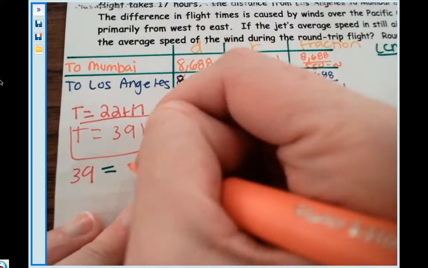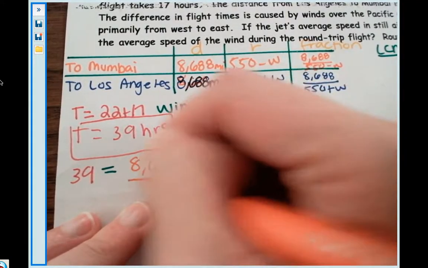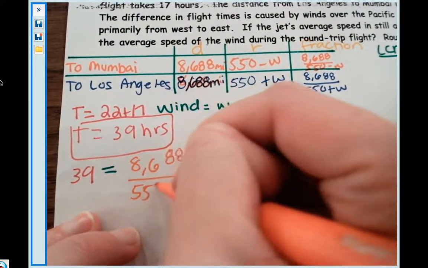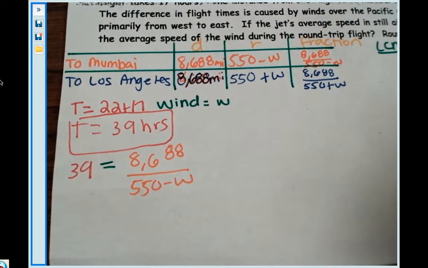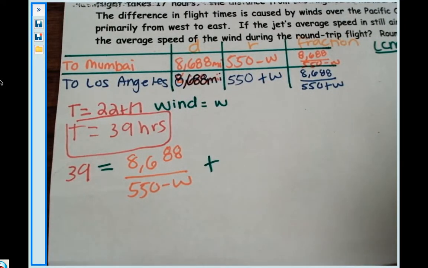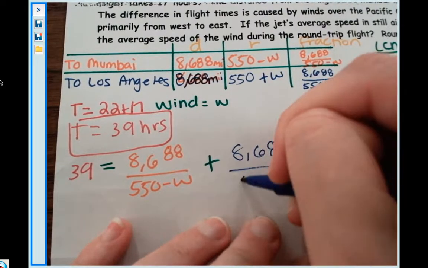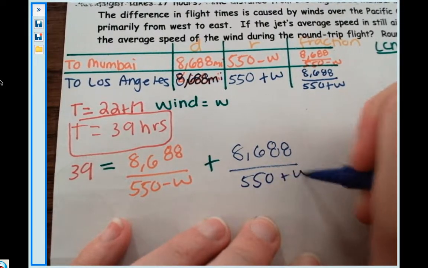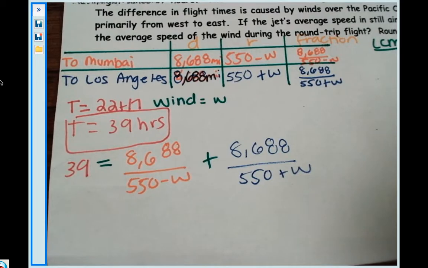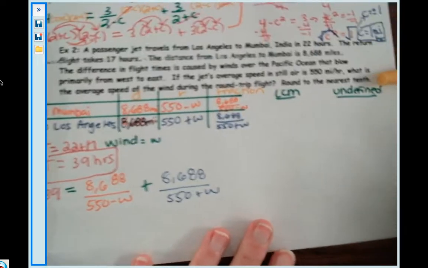So 8,688 over our 550 minus W. All right, and then plus our second fraction, which is the 8,688 over 550 plus W. All right, so after this, you guys, it just turns into a rational equation problem.